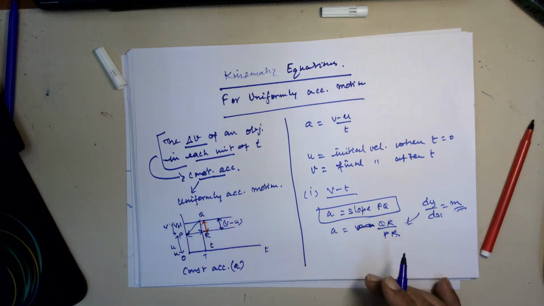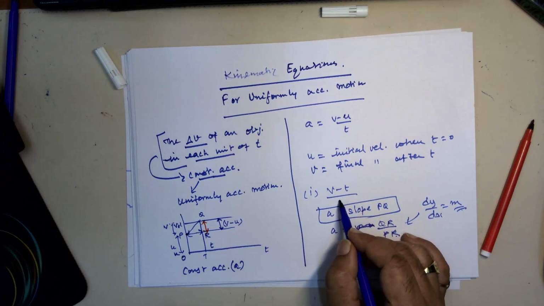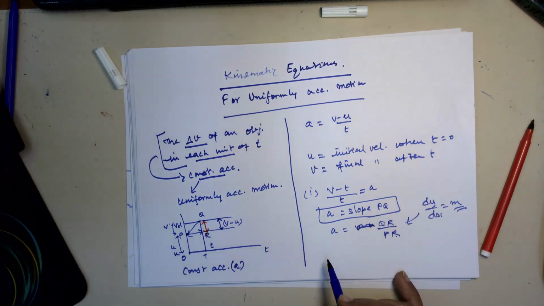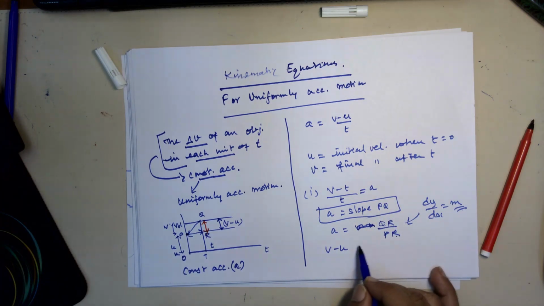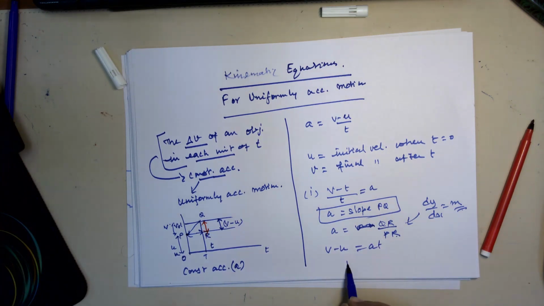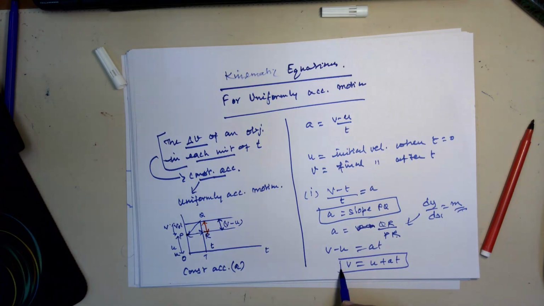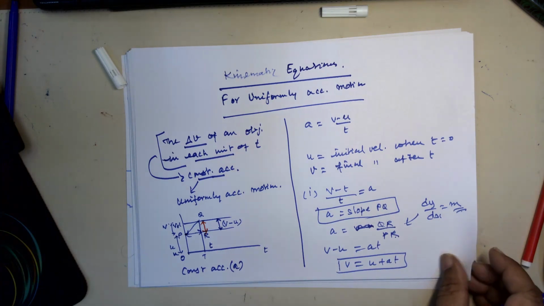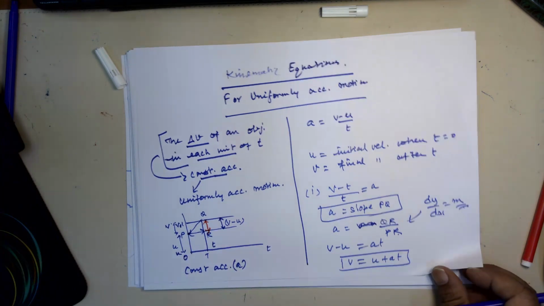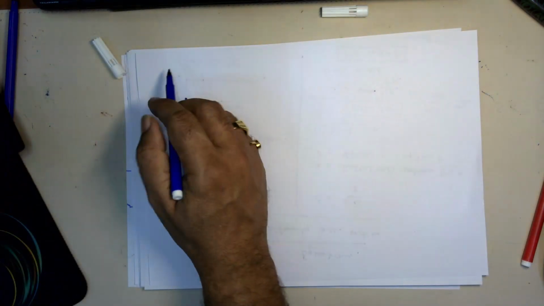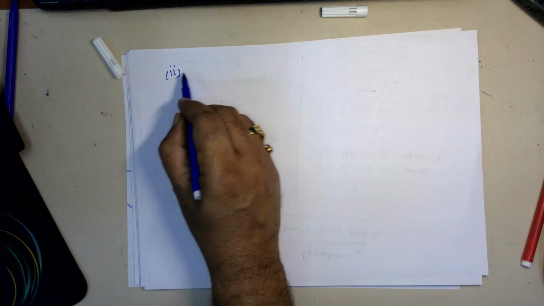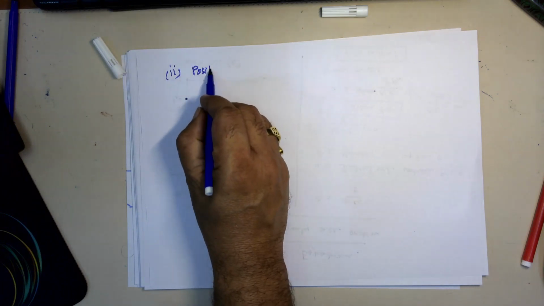It means V minus U divided by T is nothing but A. It means V minus U is equal to AT. Therefore, V is equal to U plus AT. So this is the first kinematic equation. It is the relationship between V and T, right? Now let us proceed with the position time relation.